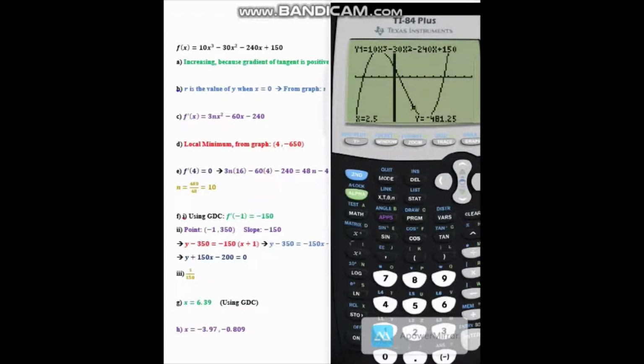I want to find f dash of negative 1, so second trace, dy by dx, negative 1. And the calculator tells me that the slope at x equals negative 1 is negative 150. So this is y dash of negative 1, or f dash of negative 1.